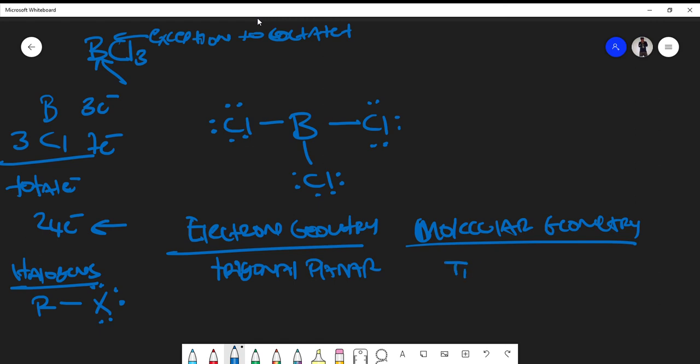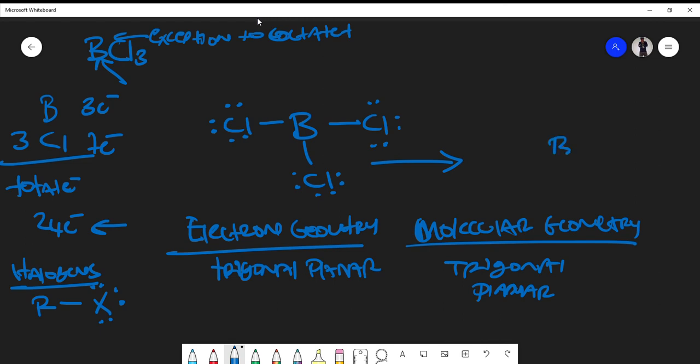And so in this case, the molecular geometry is also trigonal planar. So really, a more accurate representation of the molecule is trigonal planar.